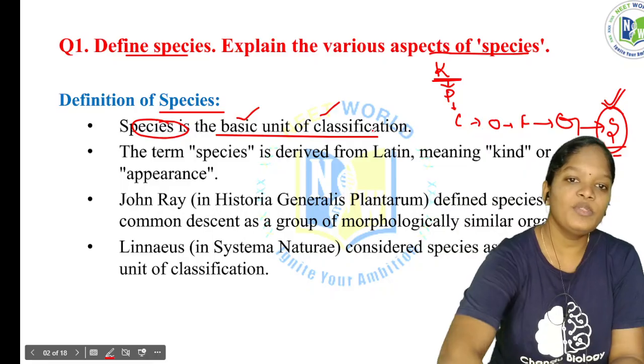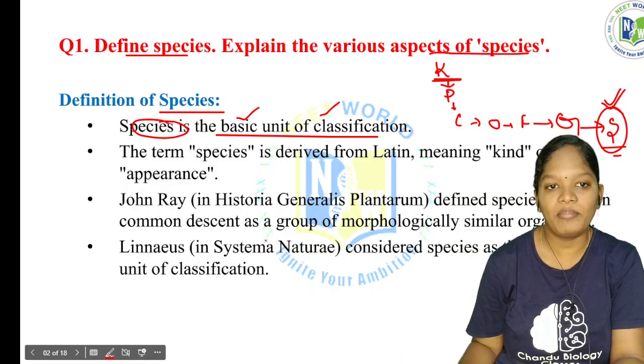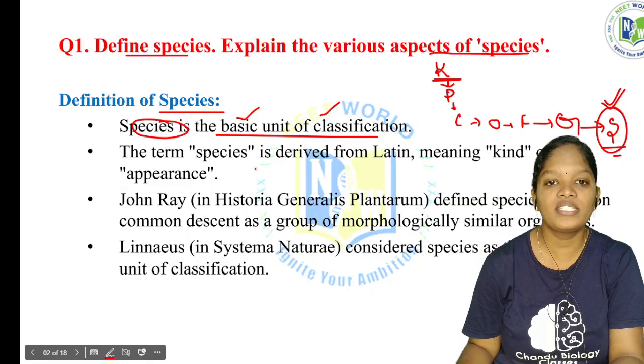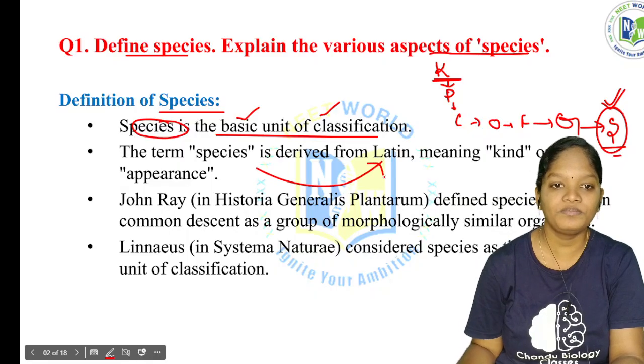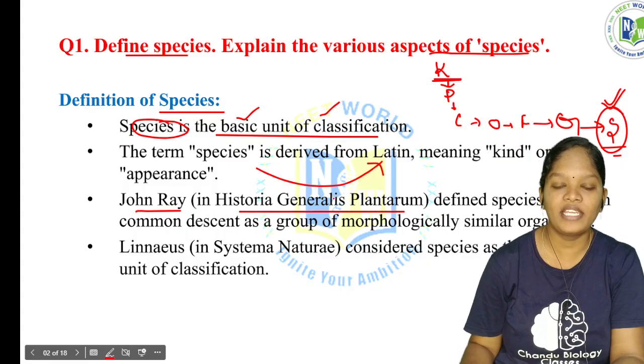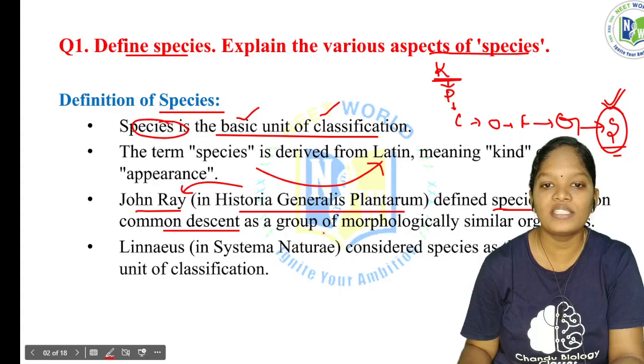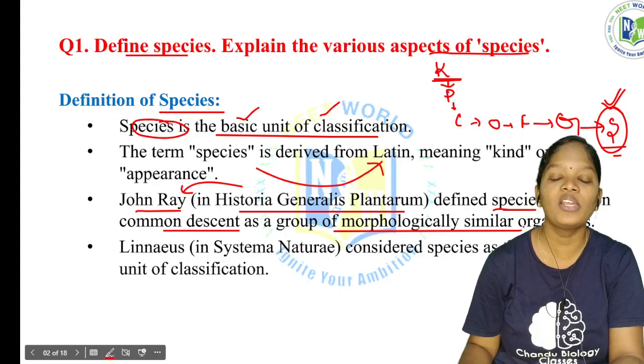The term species comes from Latin, meaning the kind or the appearance. John Ray, in Historia Generalis Plantarum, a big book written by this scientist, defined a species based on common descent as a group of morphologically similar organisms.